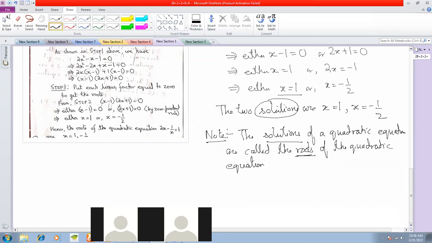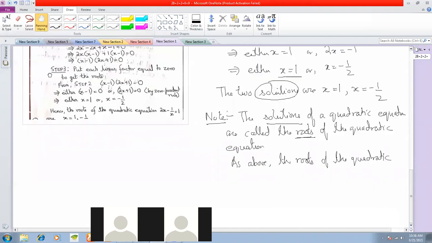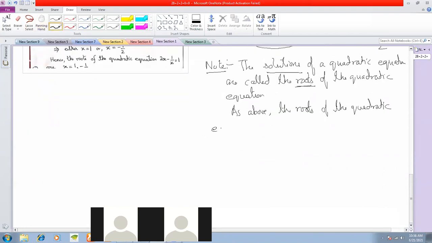So therefore, what are the roots? As above, the roots of the quadratic equation.